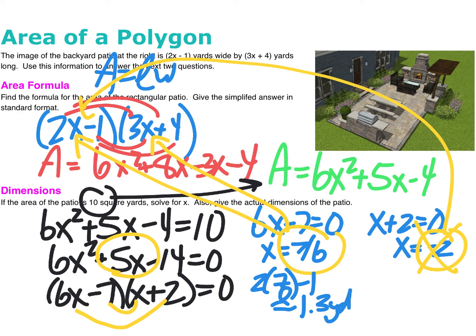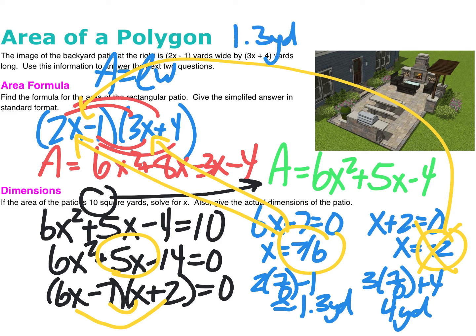And then the other dimension is going to be 3 times the 7/6, and then plus 4. And that actually gets us 4 yards. So we know that the dimension of this patio is going to end up being 1.3 yards by 4 yards, which gets us approximately close to the 10 square yards for its final area.